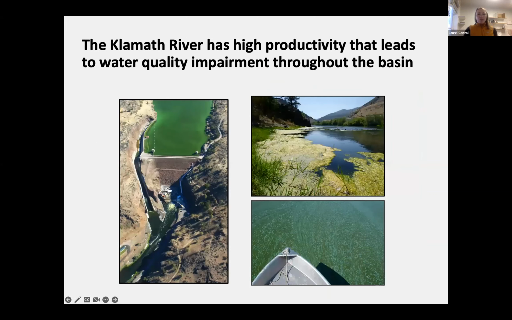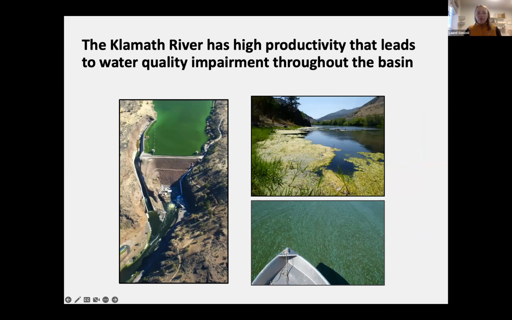And in the Klamath River, we have really high productivity throughout the basin that leads to water quality impairment. In the upper basin, we see these dense blooms of planktonic algae and cyanobacteria.